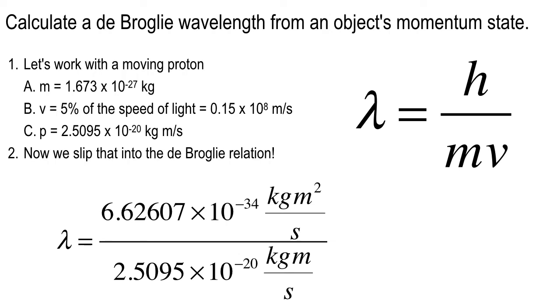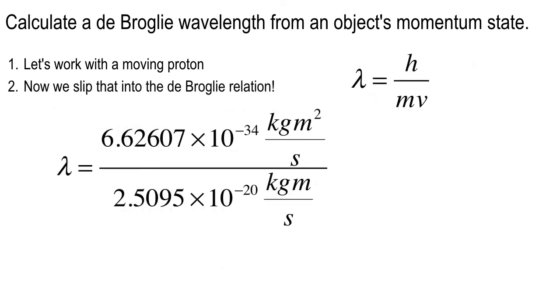The reason I do that is because we're going to do a little bit of cancelization. Let me move this to the next page. Now let's start canceling. Kilograms, bing. Per second, bing.